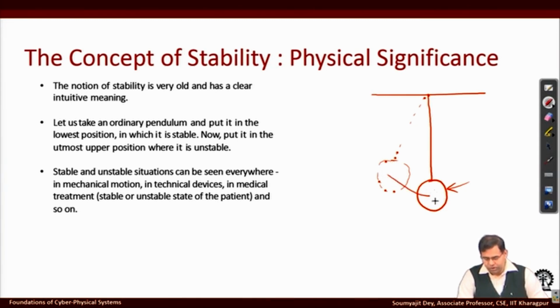Will it stop? Not exactly. It will wander about a bit to this side, and then again it will come back a bit to this side, and then again it will come back, but again it will overshoot somewhere here, and slowly it will just settle down with the oscillations dying down like this.